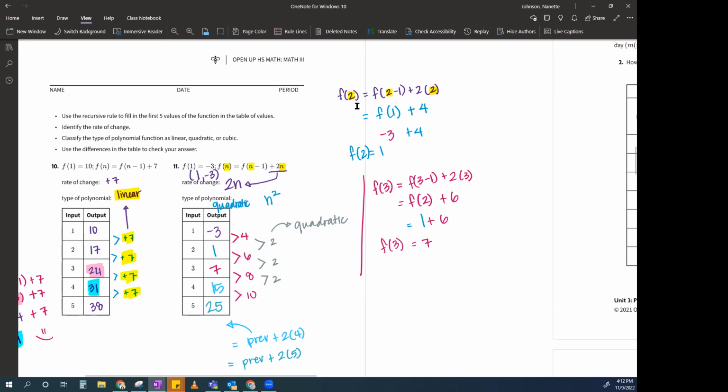Yes, we plugged in f of 2 to our function, and then we got it out. So when you plug in, it looks really funny because it says f of 2 minus 1. Well, 2 minus 1 is 1, and it's f of 1. But you just told me that f of 1 is -3, right? So then that I simplified and it became 1. Good. Where did 7 come from?